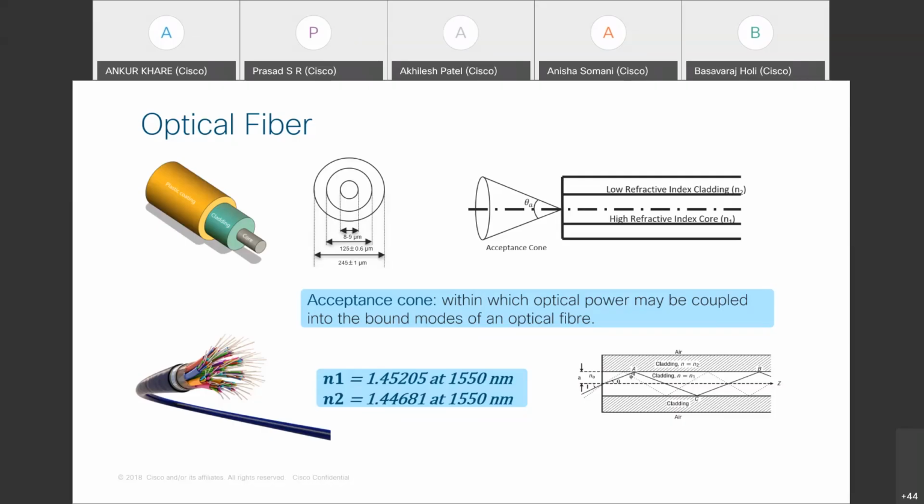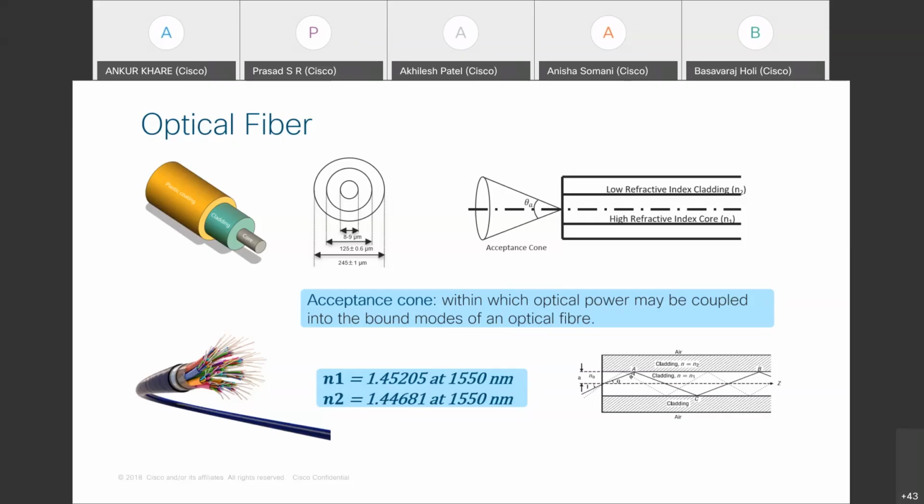Okay. So there is a lot of physics inside it. When light enters at a certain angle into the fiber, it gets total internal reflection. So light is not traveling straight into the core. It is entering at an angle so that the light will get totally internally reflected and will reach the other end.